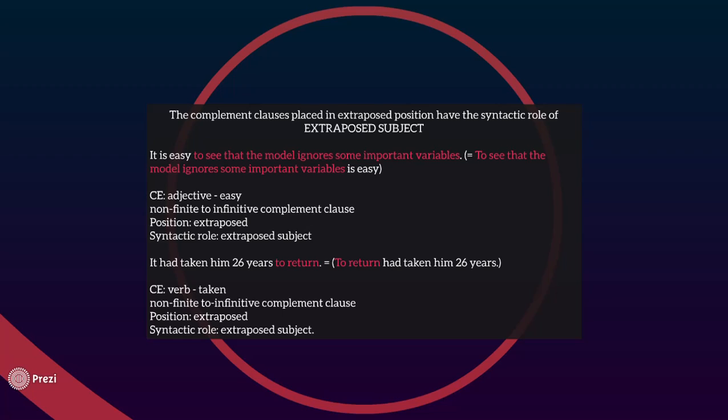In this case, this to infinitive clause is also an extrapost subject. How do you know this? Remember to remove the dummy it and place the dependent clause in the slot of the subject. Then we have a second example where we illustrate the to infinitive clause being controlled by a verb in the extrapost position too, functioning as an extrapost subject.